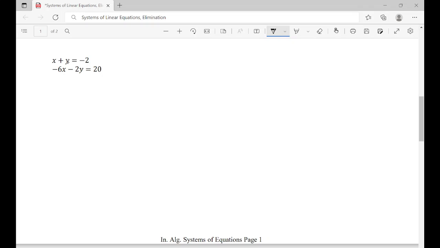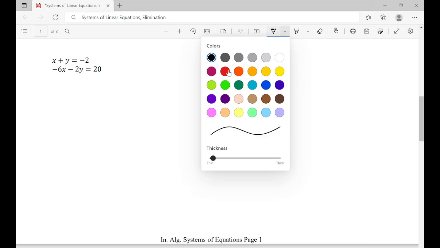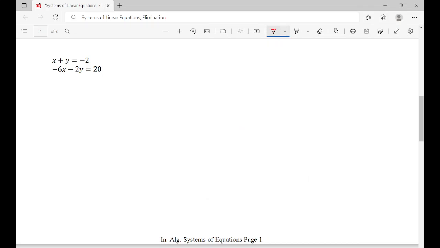Next I have x plus y equals negative 2, and negative 6x plus minus 2y is 20. So I need to choose a variable to get rid of, and I'm going to get rid of y this time. So I have a positive y and a negative 2y, so I'm going to multiply the top equation by a positive 2 to get rid of the y's.